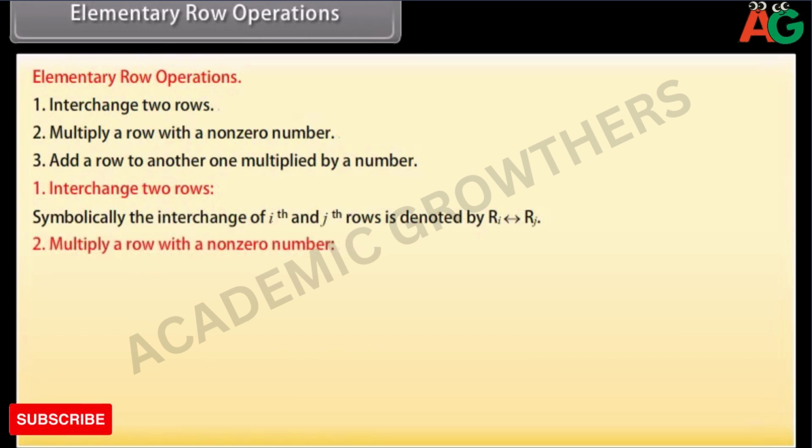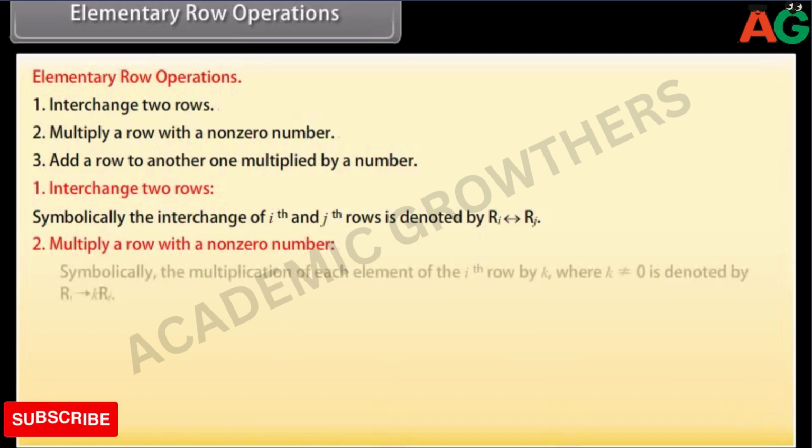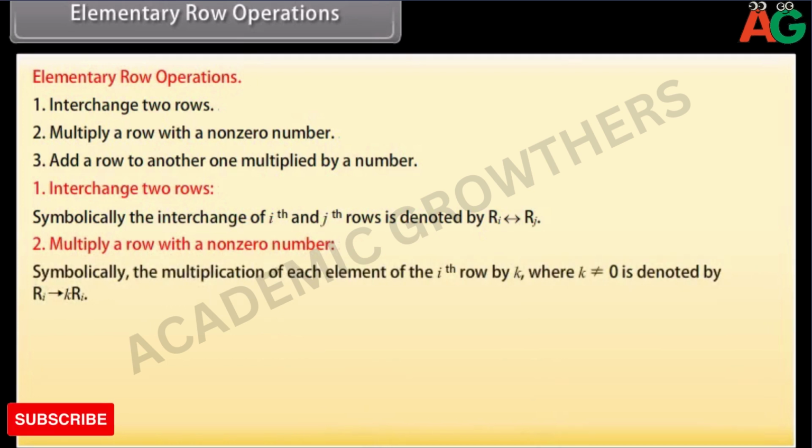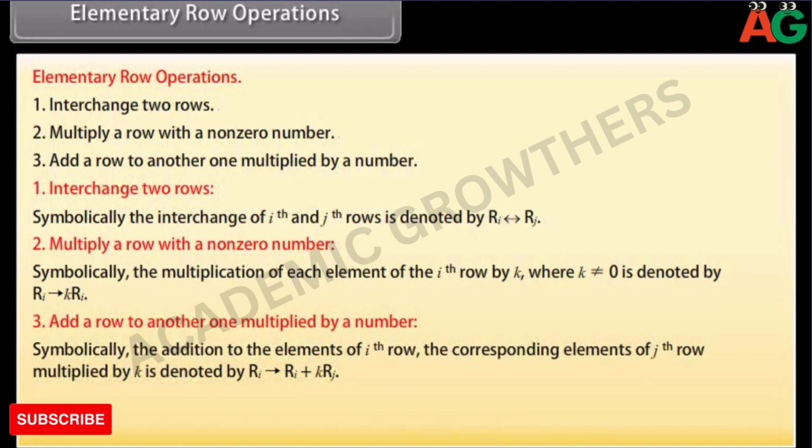Multiply a row with a non-zero number. Symbolically, the multiplication of each element of ith row by k, where k is not equal to 0, is denoted as given below. Add a row to another one multiplied by a number.